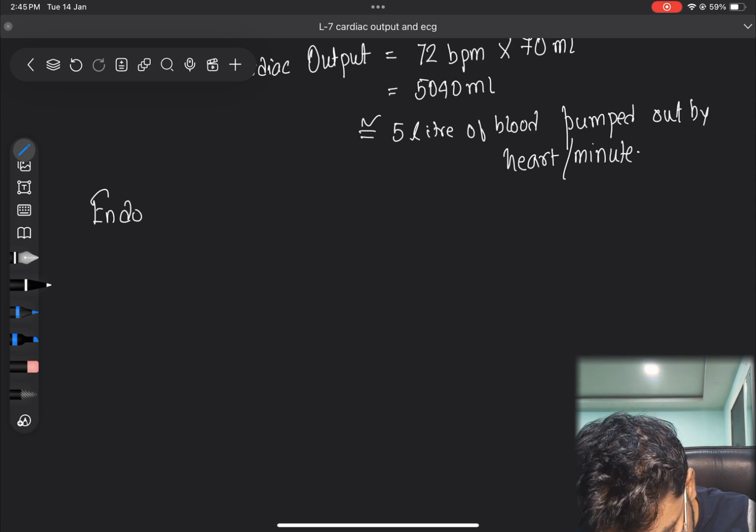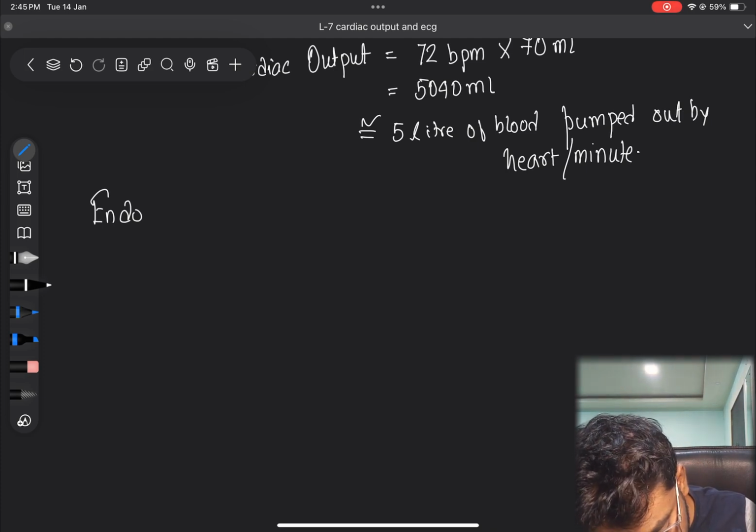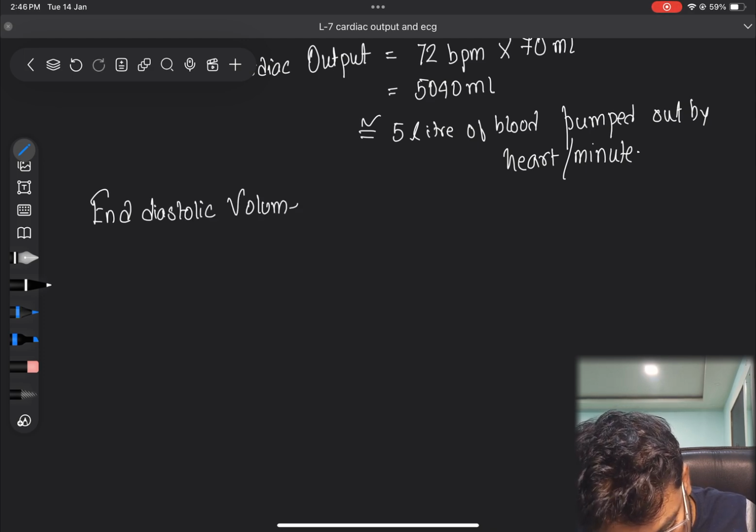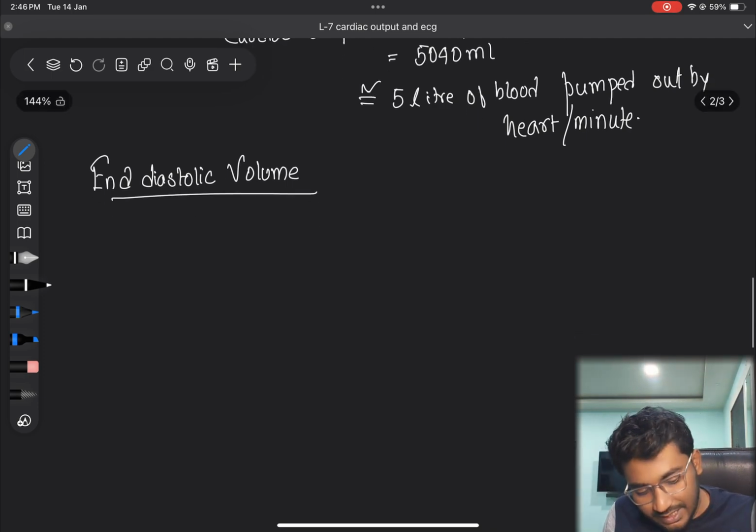End diastolic volume. So what is the end diastolic volume?